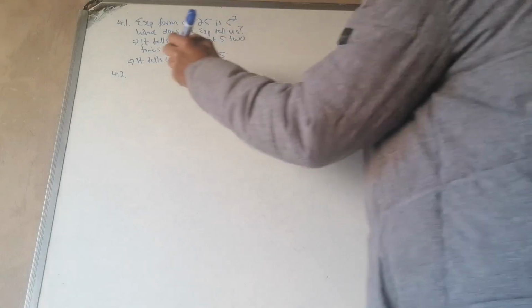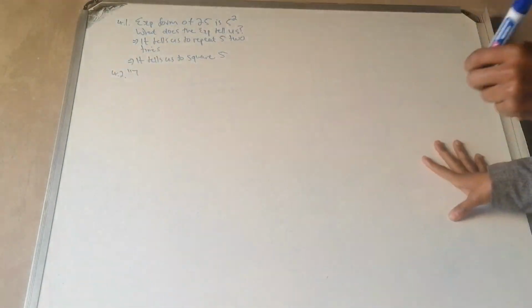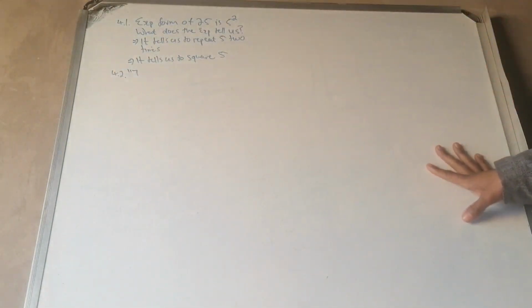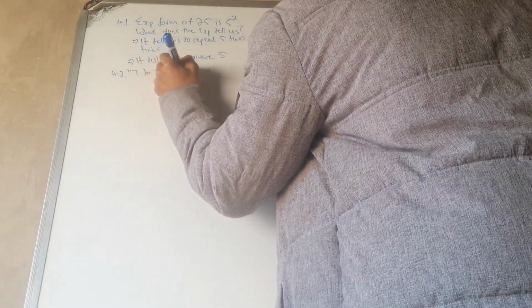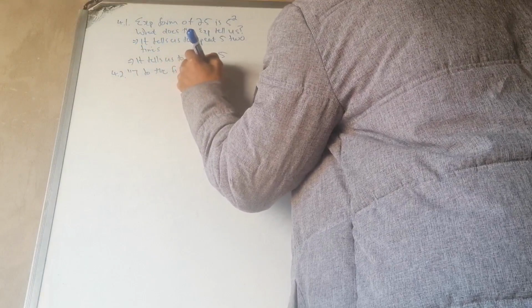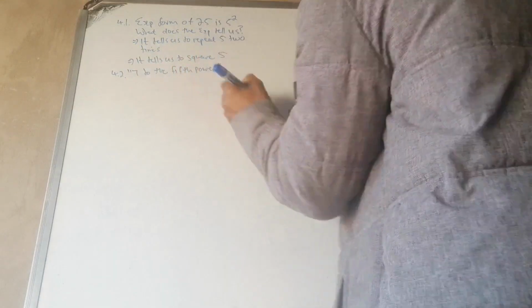4.1. 4.2. Represent the following statement in exponential form: 7 to the 5th power. We write it in exponential form, 7 to the 5th power.